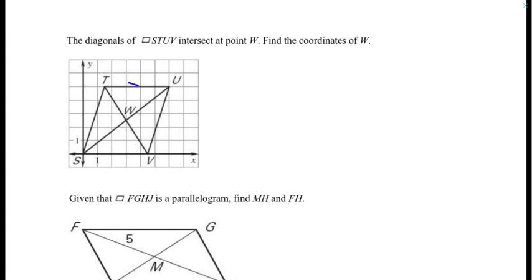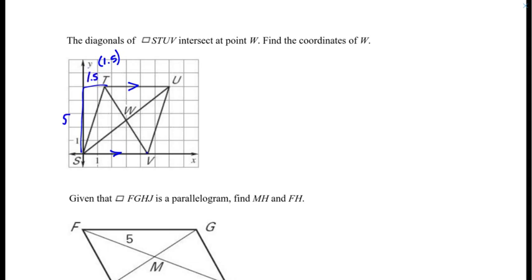We can see that TU is definitely going to be parallel to SV since those are both horizontal lines. If we take a look at ST and VU, now we don't know the exact coordinates of ST, but let's go ahead and say that that is in fact 1.5 for our x value. So if we look at our rise and our run, if we try to find the slope of that, we're going up 5 and over 1.5.